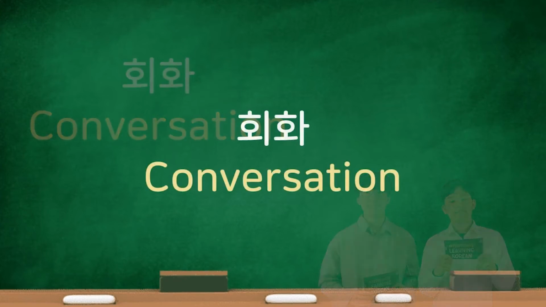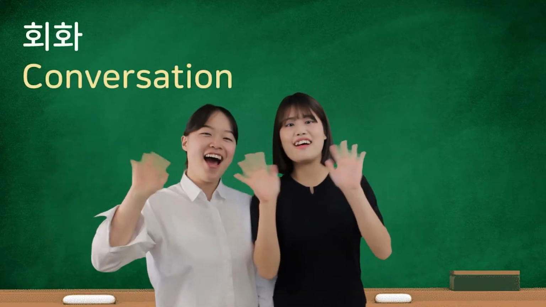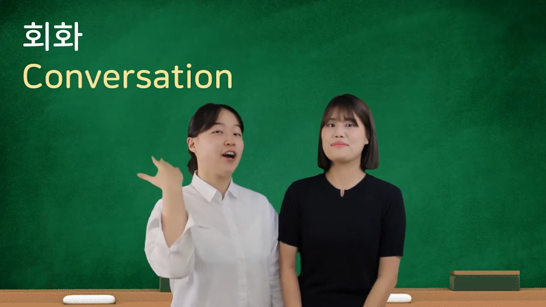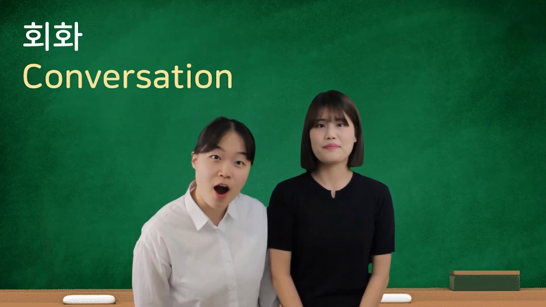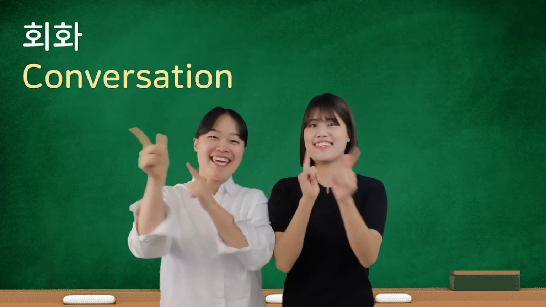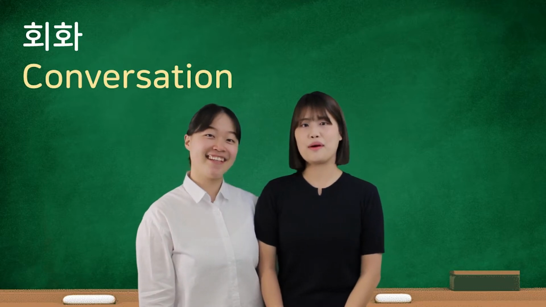저는 운동할 때 입는 옷이 작아서 그때 입을 옷을 찾고 있어요. The meaning of this sentence is I'm looking for clothes because the clothes I wear when exercising are small.